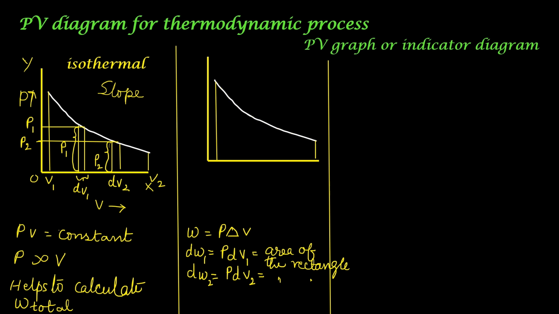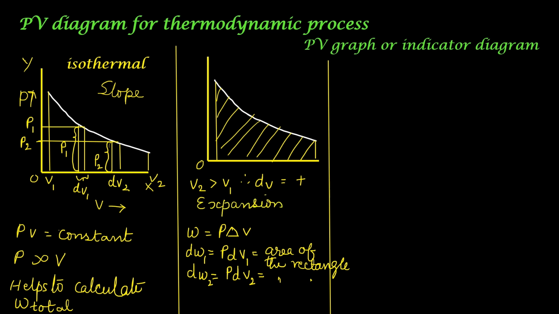under the graph. In this graph, when pressure decreases, volume increases in the positive x direction. This is expansion work. V2 is greater than V1. Therefore, delta V is positive. So this is expansion work. But here you find that the shape is not regular.